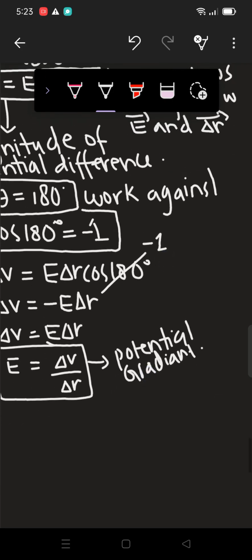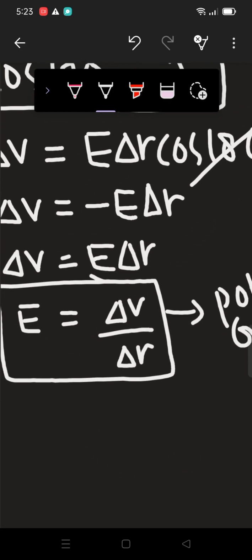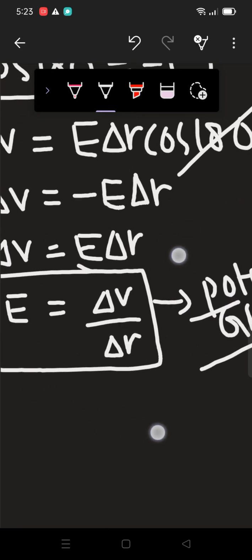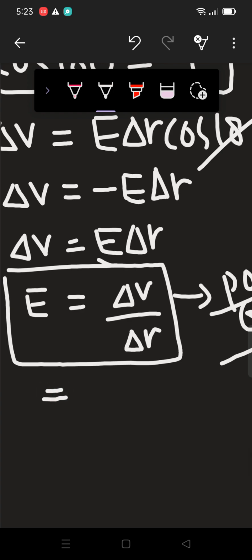Remember when I was telling you about the electric field, force per unit charge? I taught you another unit for that as well, and that was volt per meter. I told you there that volt per meter is also a unit of potential gradient. Here the unit of potential difference is volt, and the unit of displacement is meter.